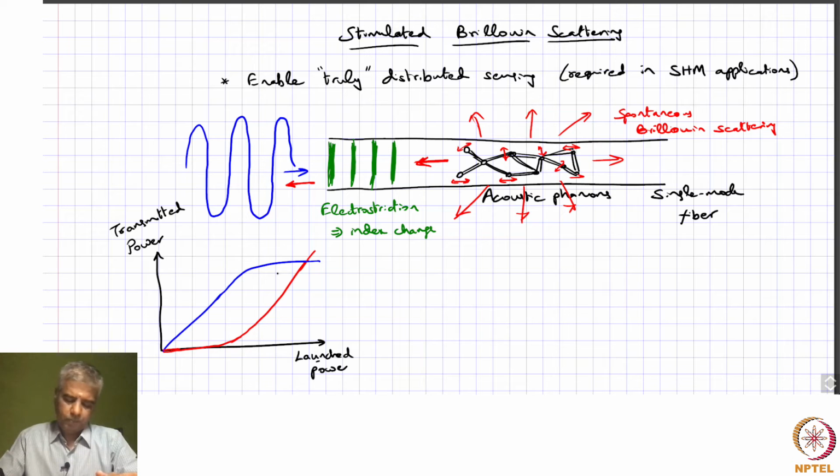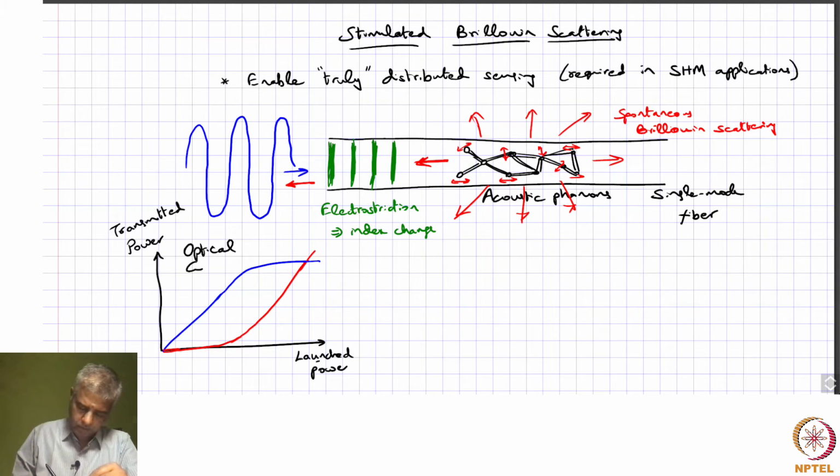Of course, you can find ways to counter it, which we'll probably talk about a little later, but that is the problem in optical communications. This is an issue due to stimulated Brillouin scattering, SBS.